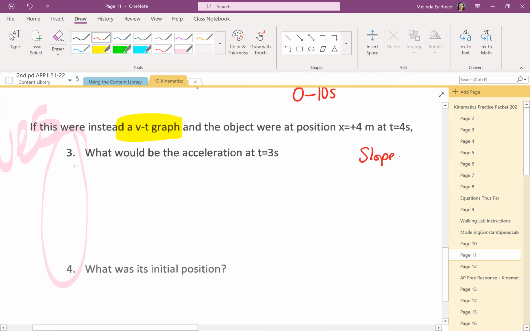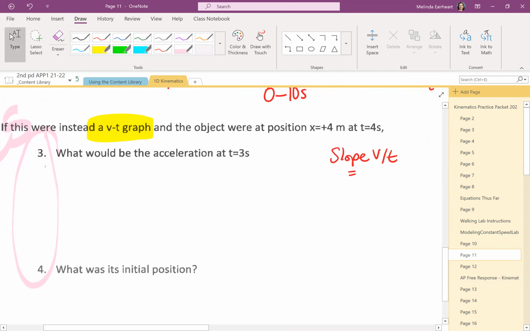If you do the slope of a velocity-time graph, what does that tell you? Acceleration. So the change in direction on a velocity graph, you would just read the velocities, their signs. And the slope, you rise, change in velocity over change in time run, that's acceleration.